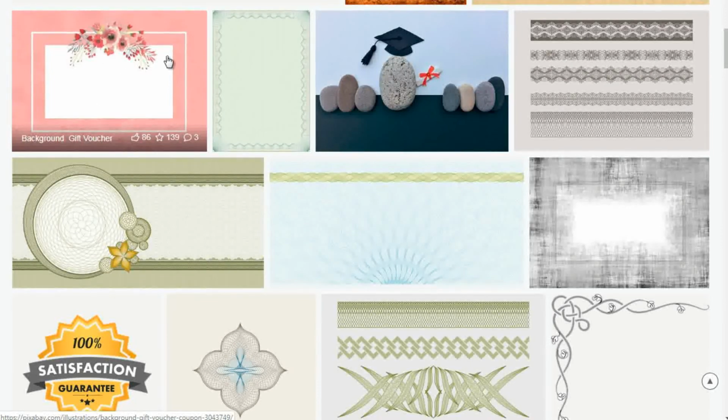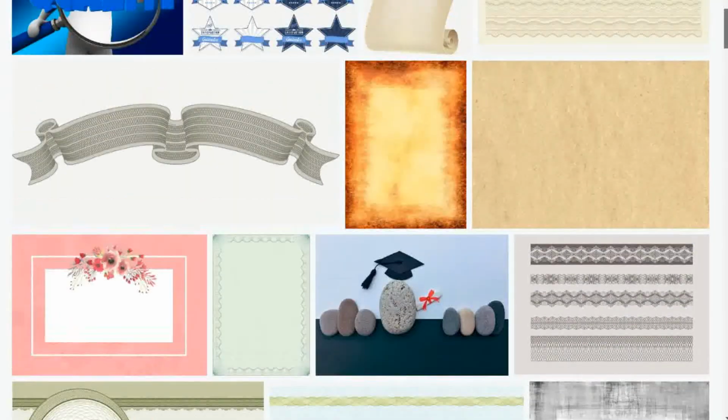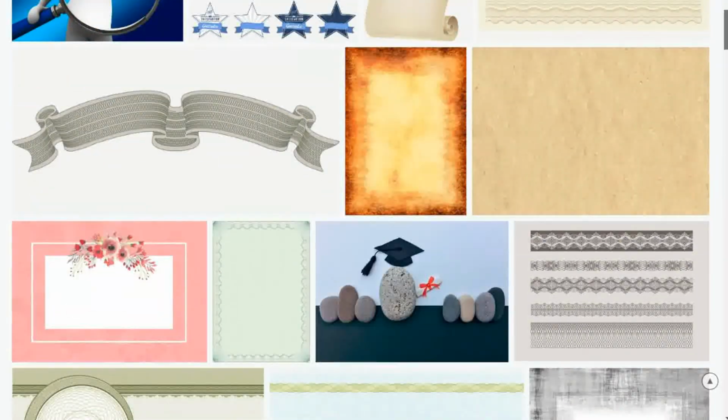So it's okay to have some words, but you do want some bare spots. If you had a certificate with a lot of words like this, that would not work. So all you need to do is simply download one of these.